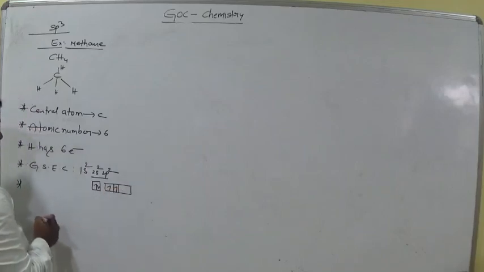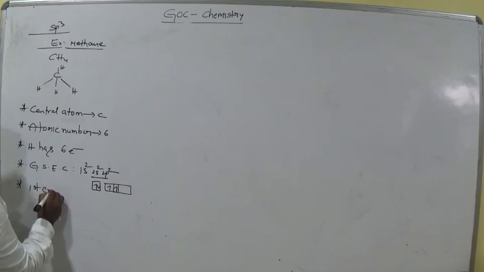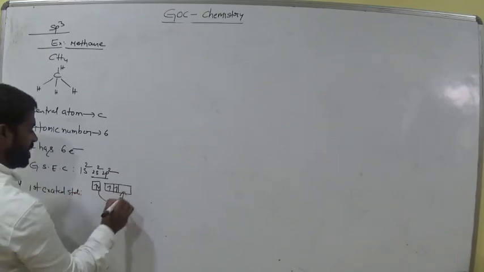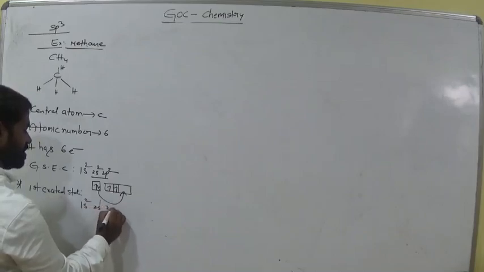In the first excited state, an electron shifts from 2s to 2p. Now the configuration is 1s2, 2s1, 2p3.